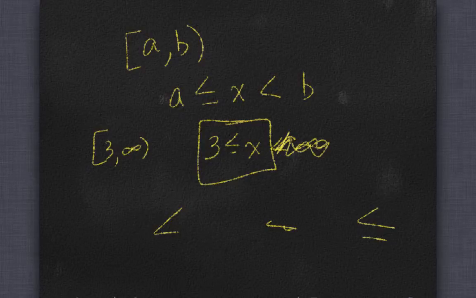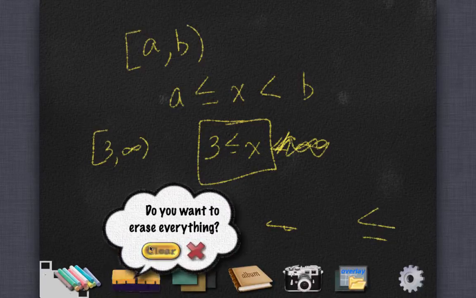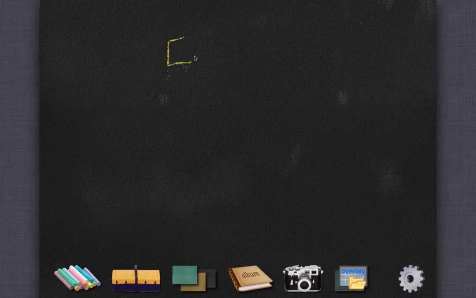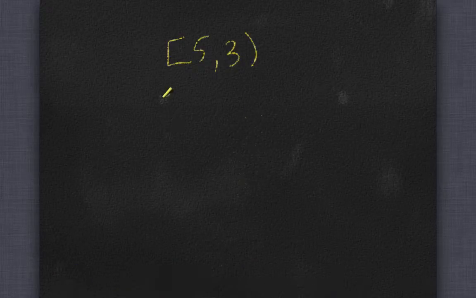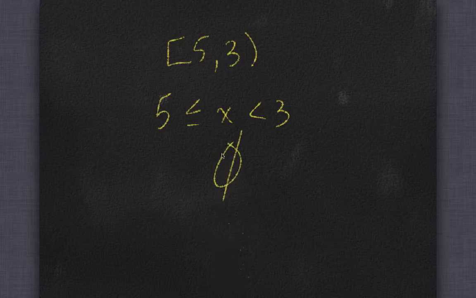So if I were to write, say, 5, 3, this is 5 less than or equal to x less than 3. If a number is less than 3, it is not bigger than or equal to 5. So this is actually the empty set.